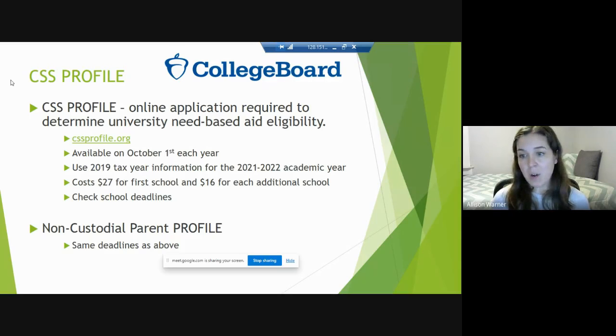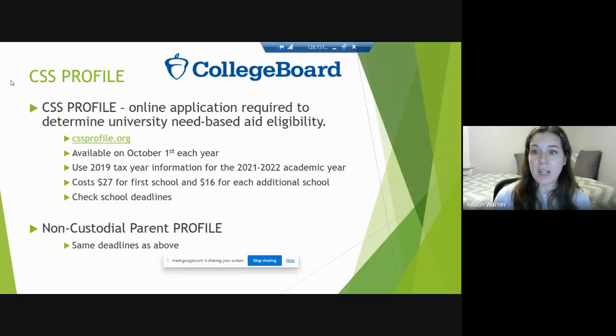Also, unlike the FAFSA, where in a situation where a student's parents are separated we're only taking one parent into consideration, the CSS Profile will take the non-custodial parent's information into consideration. They will need to complete their own separate profile and potentially provide additional financial documentation at the request of the school.